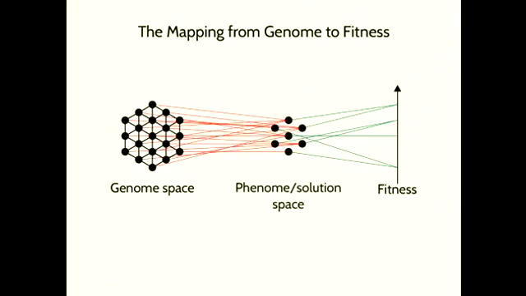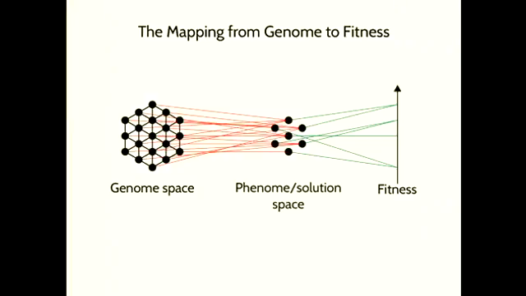Where does evolvability come from? Well, partially, it comes from the mapping from genome to phenome. So on the left-hand side here, I have a representation of a space of genomes. If you occupy somewhere there, which you do, then when a mutation event happens, you have a probability distribution over the genomes that you could reach.